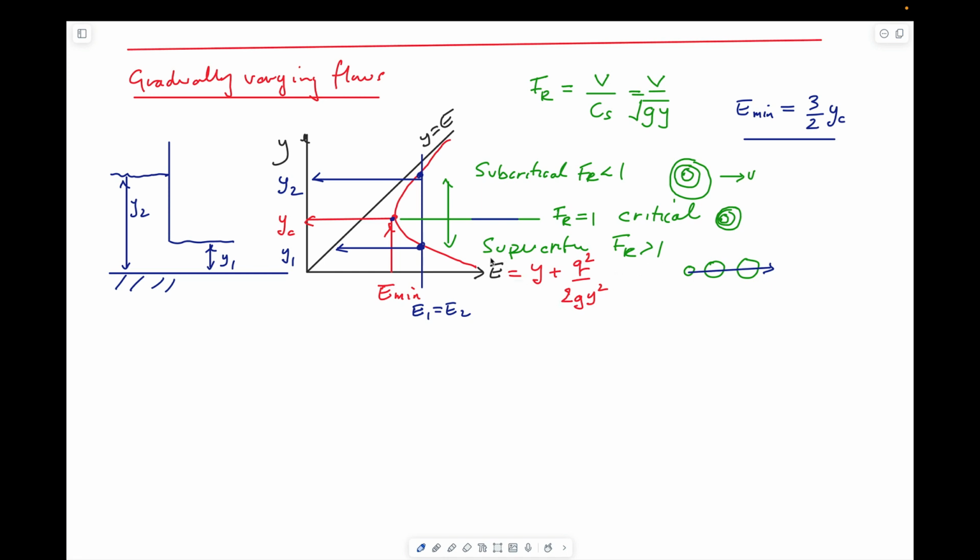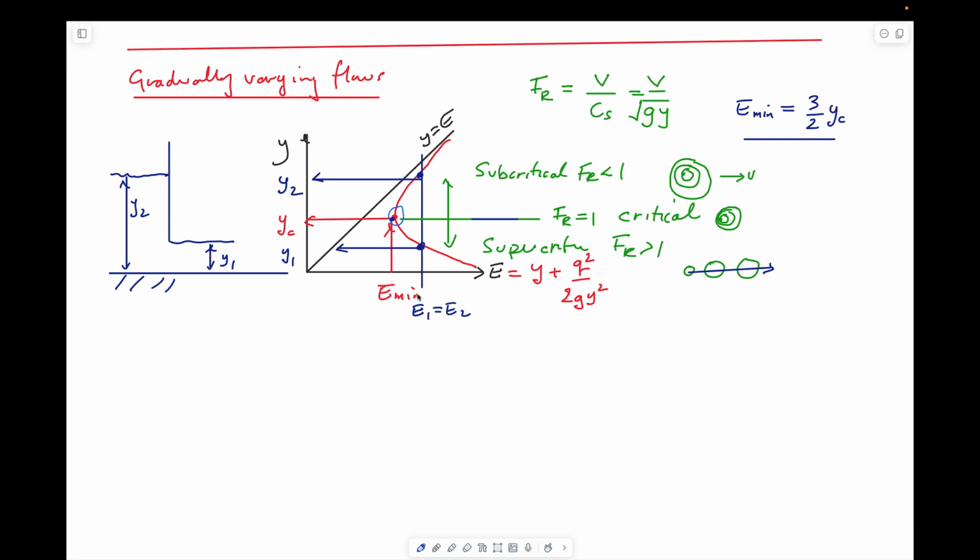You can calculate the specific energy as a function of the depth of the flow plus the flow per unit width of the channel squared divided by 2 gravity times the depth of flow squared. You get a curved surface like this, which conforms to this behavior, that at the critical flow, a Froude number of 1, where the flow is defined as critical, then this relationship holds, that the minimum energy is equal to 3 over 2 times the critical depth at which this flow occurs.